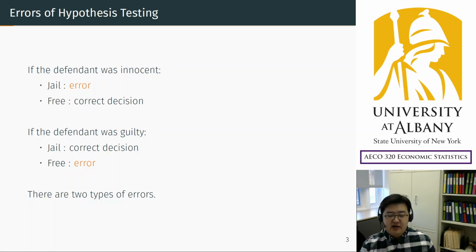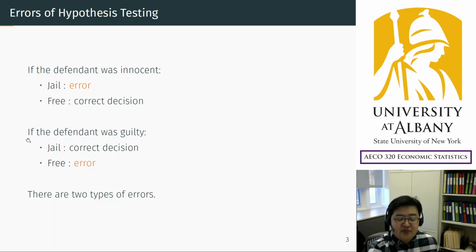In that case, if you reject the null hypothesis so that the defendant is sent to jail, then you made an error. If this is the truth, rejection is an error. But on the other hand, if you set the defendant free, then that's correct.